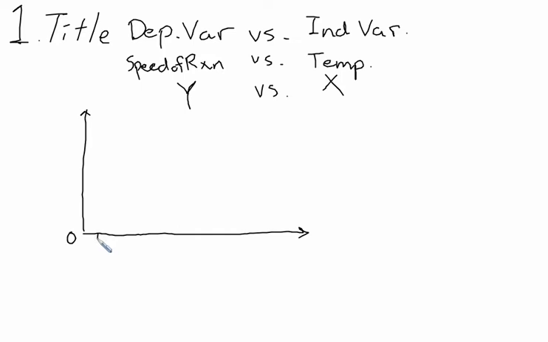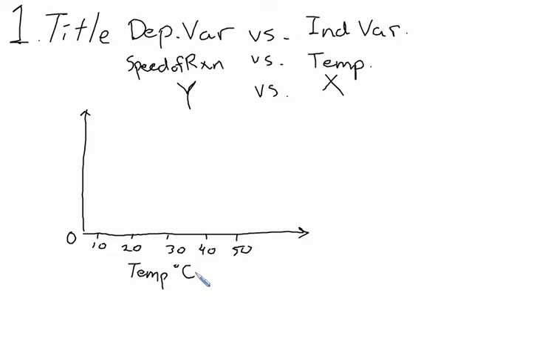In this case, I'm going to go by tens, and try to keep the spacing in between even. And you must always label your axes. So in this case, it'll be temperature, and we're going to use degrees Celsius. Those are my units.